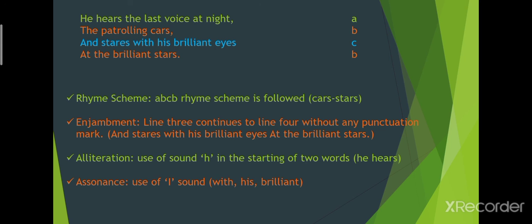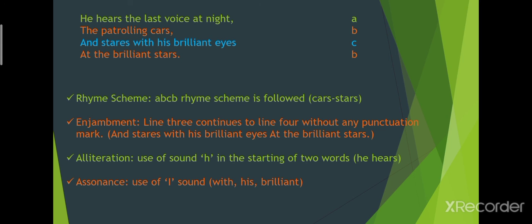And assonance, we just spoke about it, vowel sound. That is the first rule. The second rule is that they should either be next to each other or stay nearby, in the same line.